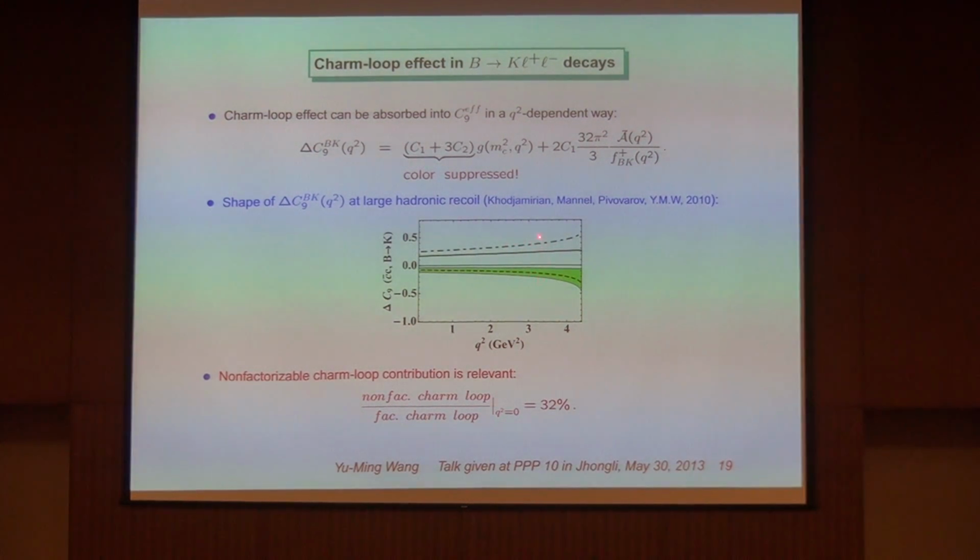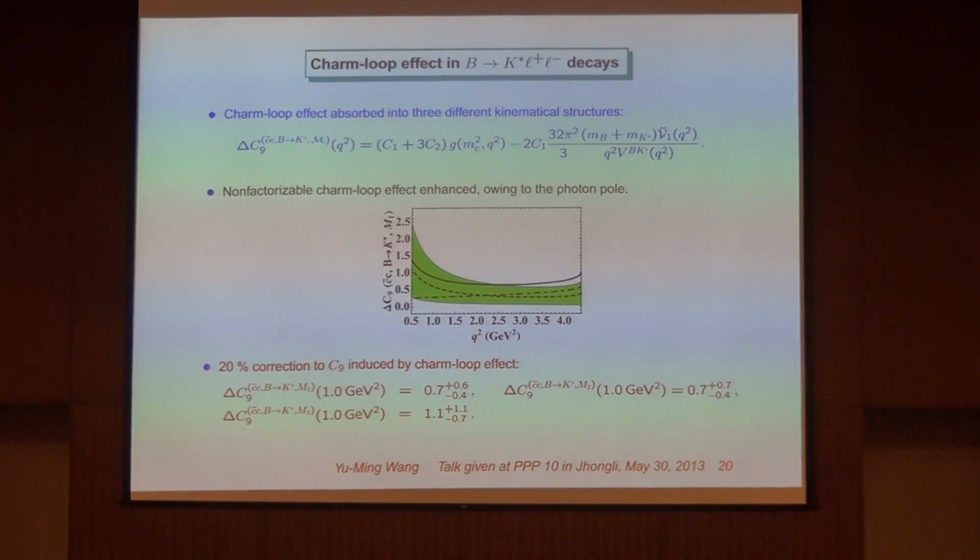It's clear that these two contributions are actively influenced, and remarkably this non-factorizable part gives a 30% correction to the factorizable part. Similarly, you can work out this effect for B to K star plus minus.